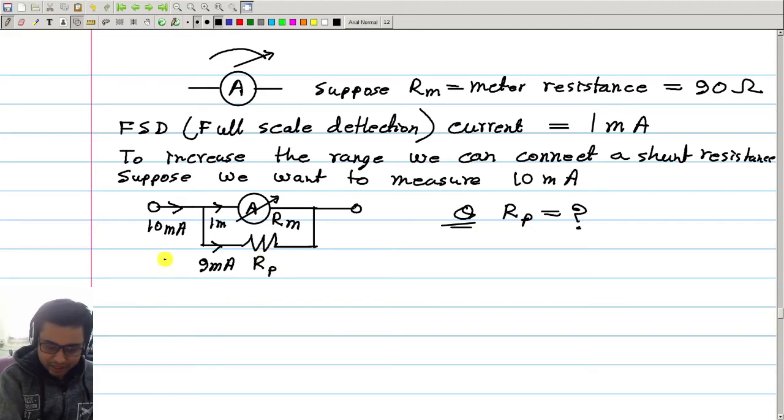How? Suppose this voltage from here to here is V. Then we can say V is equal to 1 milliampere into Rm, and this is also equal to 9 milliampere into Rp.